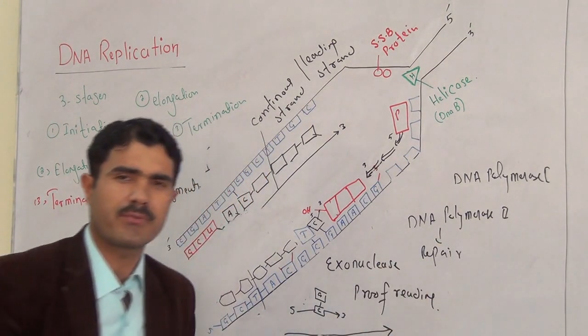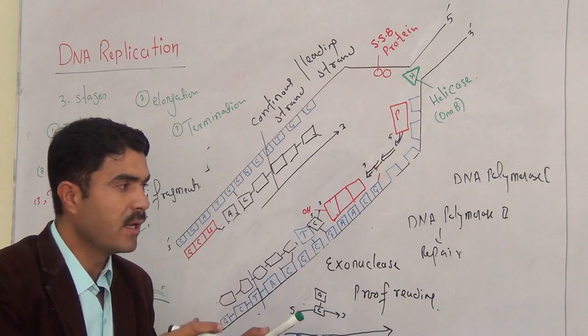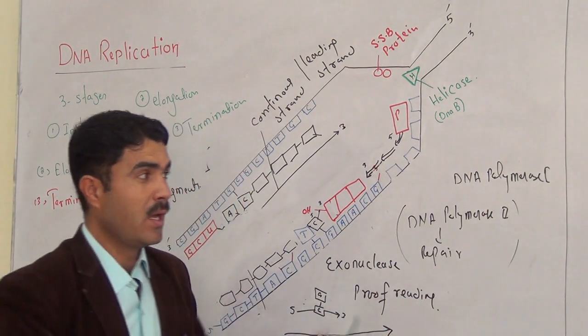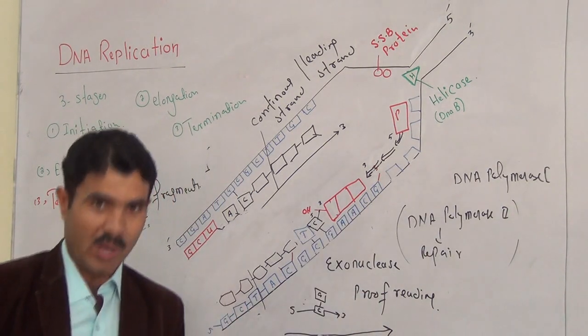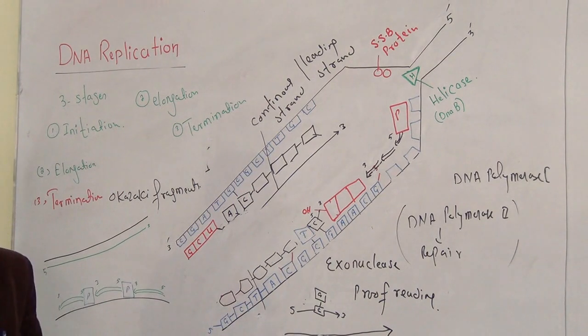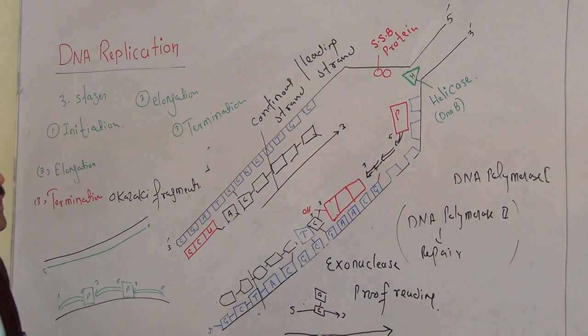Sometimes if some damage occurs to the DNA, it will just repair it. There is no other explanation for it available. But the DNA polymerase 1, this is another enzyme, has two functions, two most important functions. The one is the proofreading and the replacement.